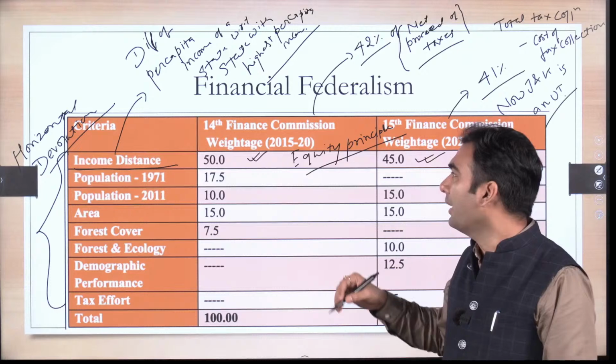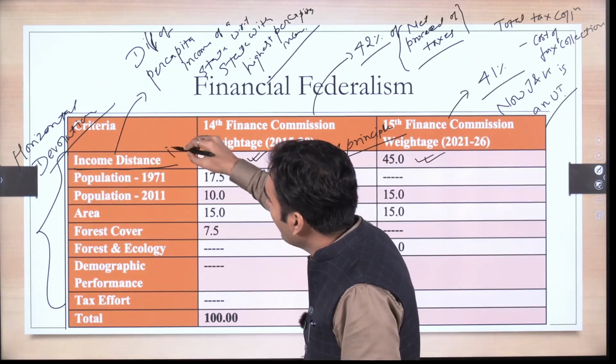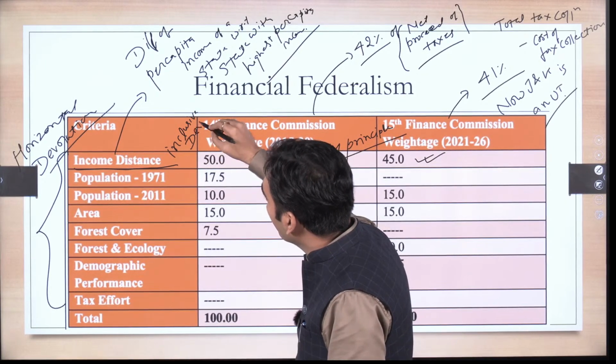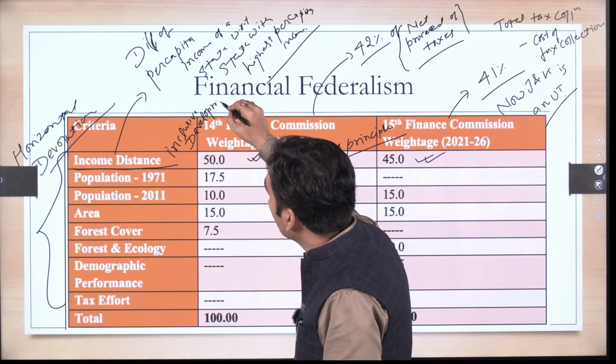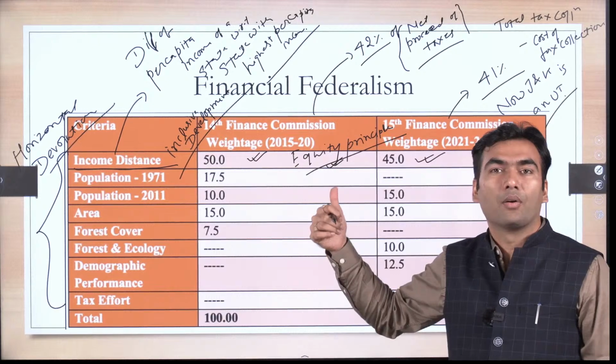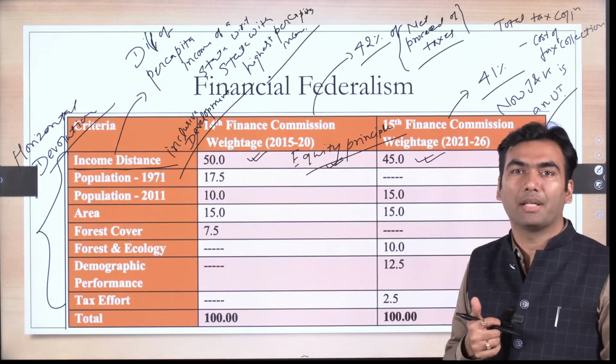We are trying to follow the equity principle, or we are trying to have inclusive development. This is also a topic in economy. So one of the tools of inclusive development is taxation, and another tool is devolution of money.